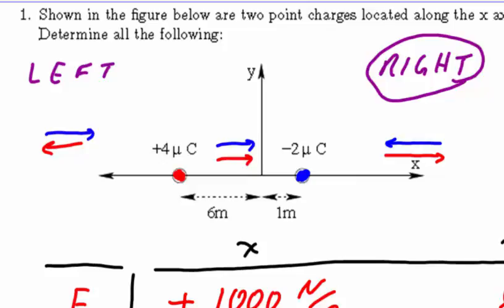So let's do our calculation for such a point. I'm just going to draw a green circle, and the green circle is going to represent some point. I realize that if I bring this point really, really close to the 2 microcoulomb charge, then the electric field toward this 2 microcoulomb charge is going to be overwhelmingly strong, and I'll have an electric field overall to the left.